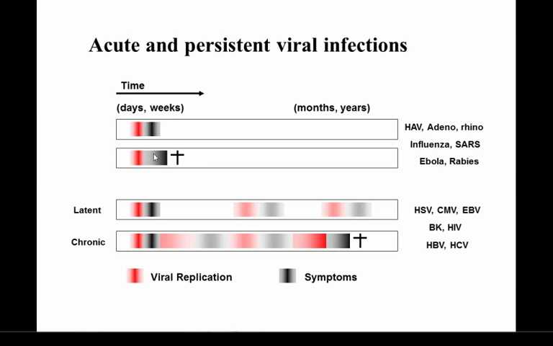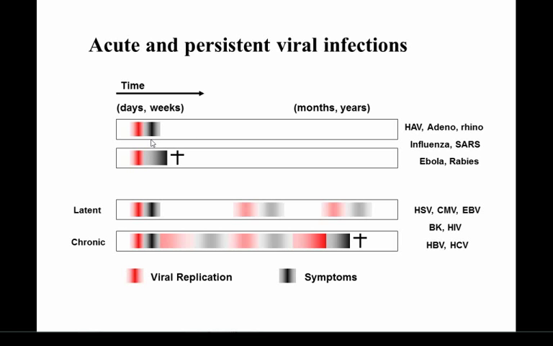Okay, so we have about half an hour now to try and look at viral infections in humans. So firstly, when people say, "Oh, I had a virus last week. I was a bit ill," what you're thinking about is this kind of acute self-limiting infection.